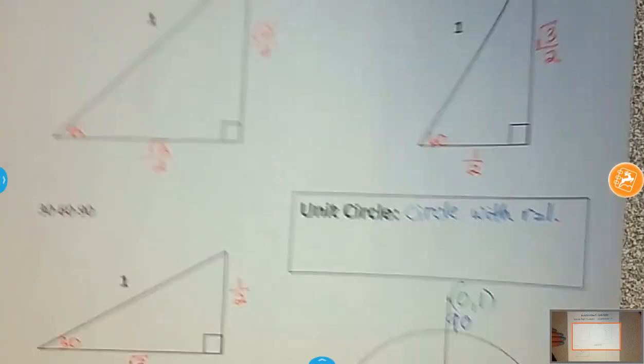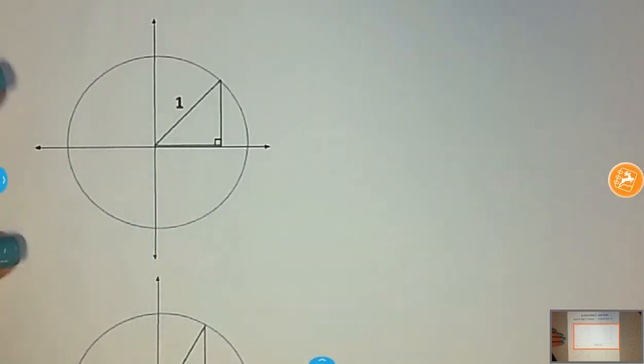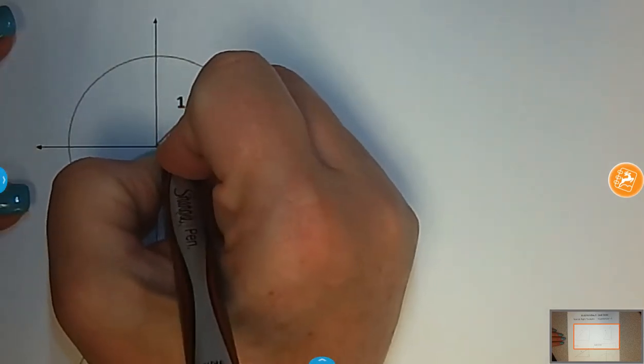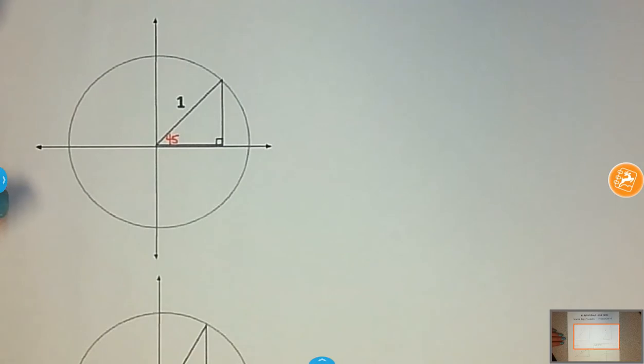Right, next page. All right, so now we're going to take those special right triangles and put them in a unit circle. This first triangle is a 45, 45, 90 triangle.